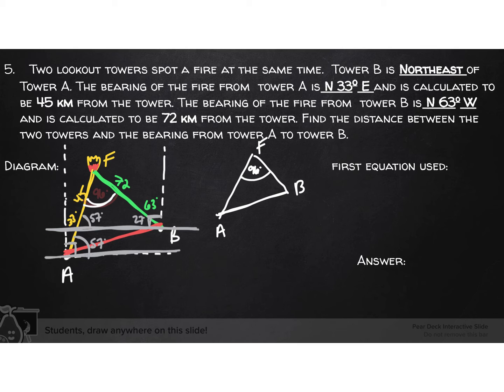All I have is this 96, and this is 72, and this is 45, and I am looking for the length of AB. To do that, I'm going to use the law of cosines.